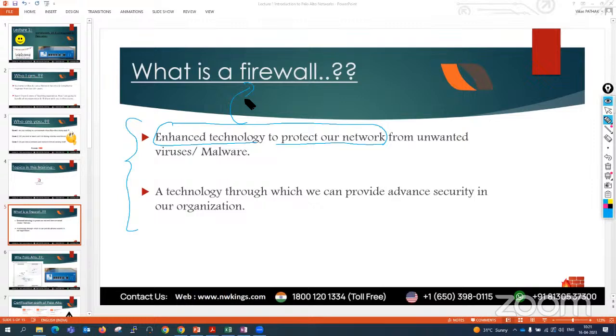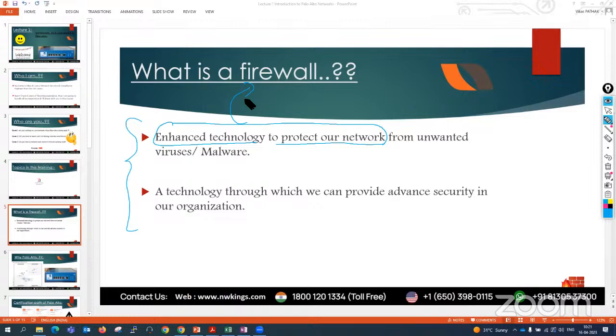We developed the firewall after the router. So it is an enhanced technology, because an ACL on a router can also do this, but a router is not designed for that particular task. So we came up with a new solution, and that is the firewall. One enhanced technology to protect our network.